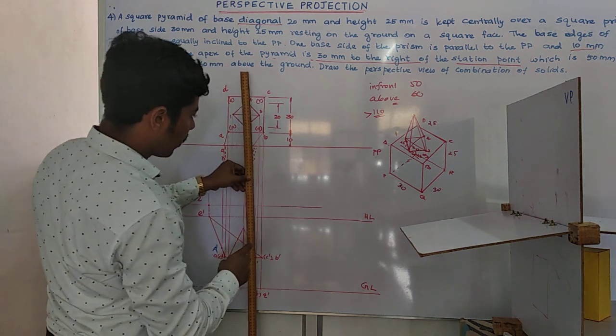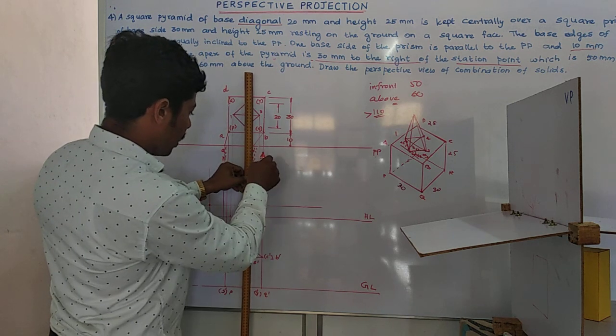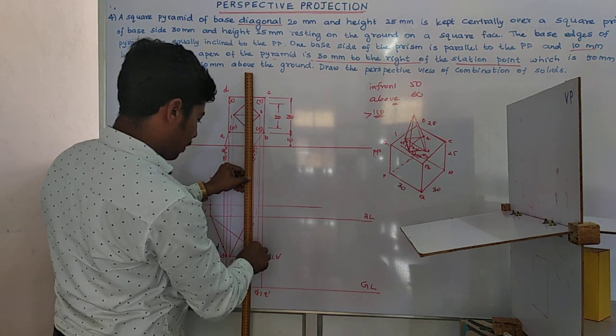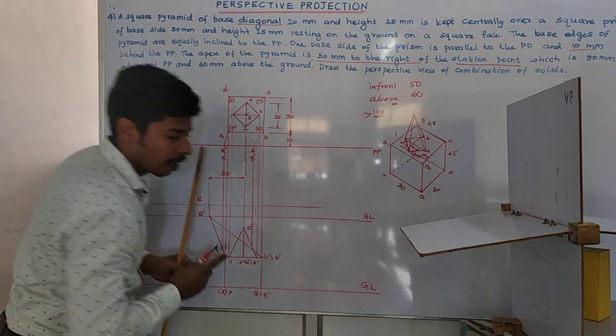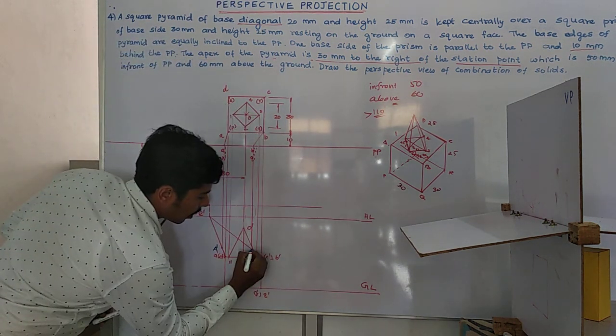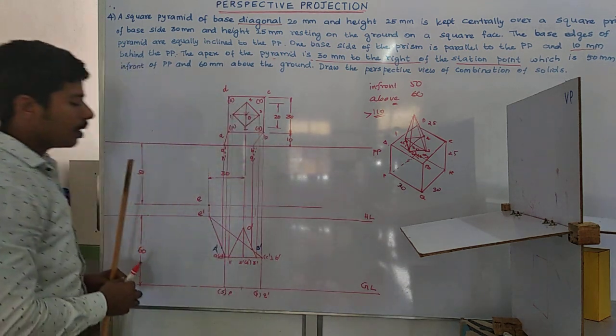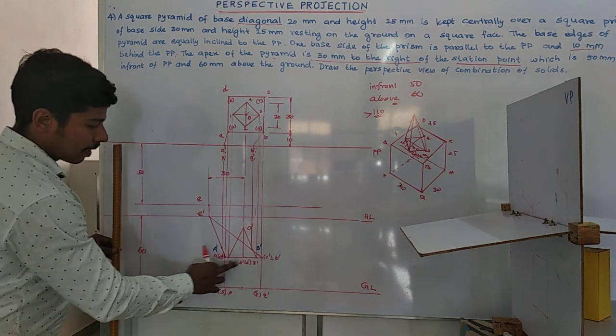From here we can draw a line. So this point is our B dash. Then C and D.